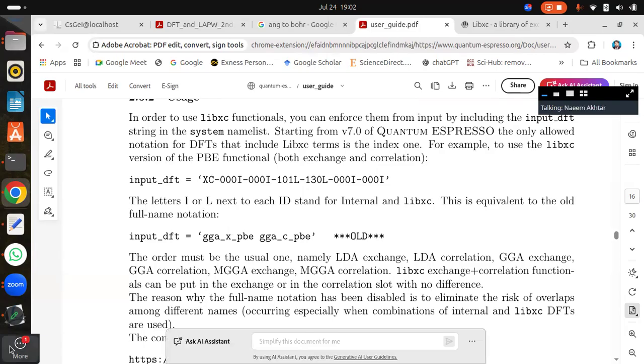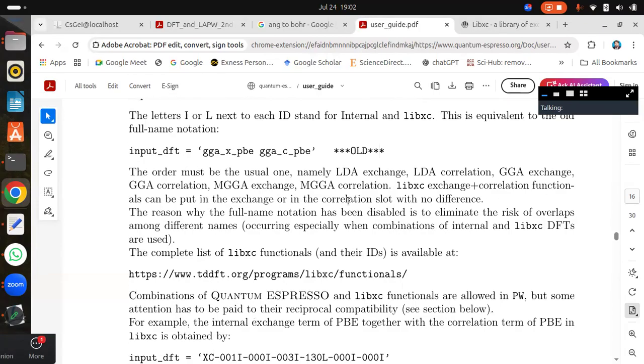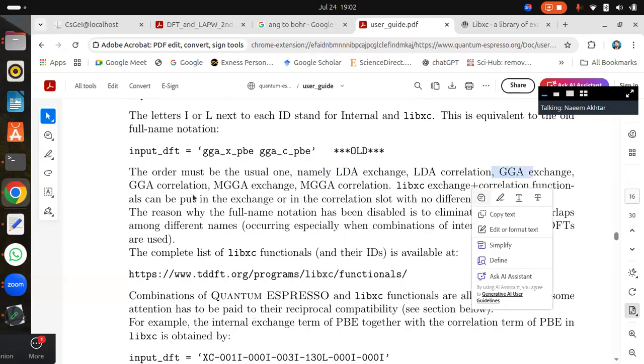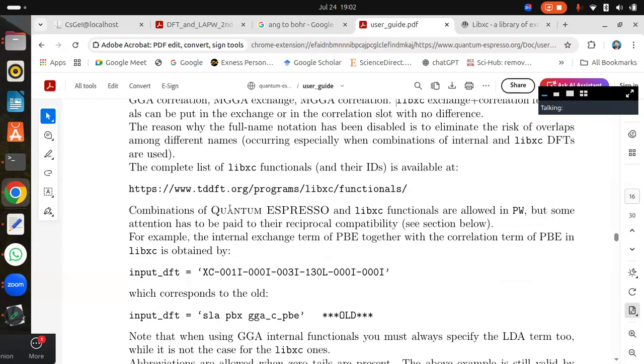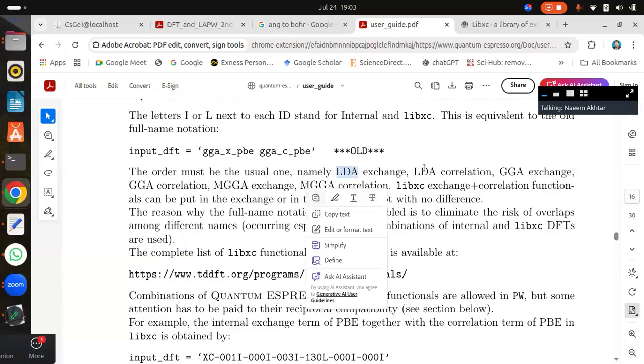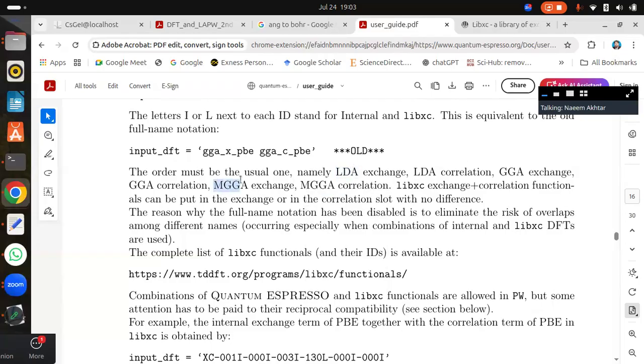But I want to tell you that LDA, GGA, and meta GGA are all built-in present in the code. If we want to use either LDA, GGA, or meta GGA, these three types of libraries are built into Quantum Espresso.